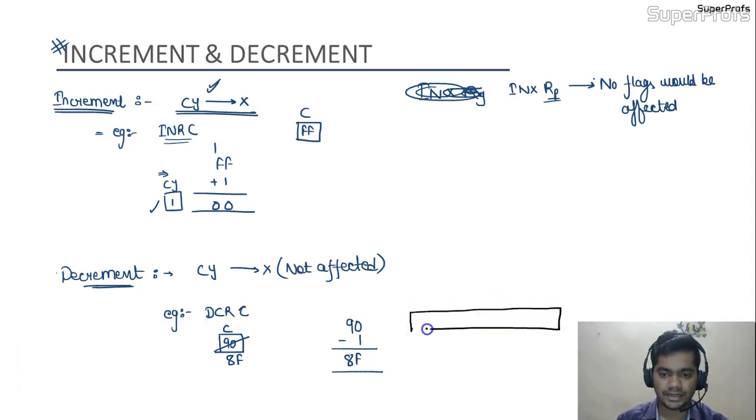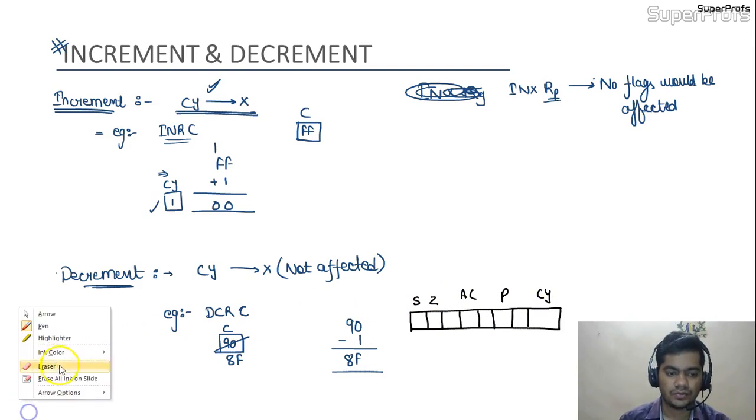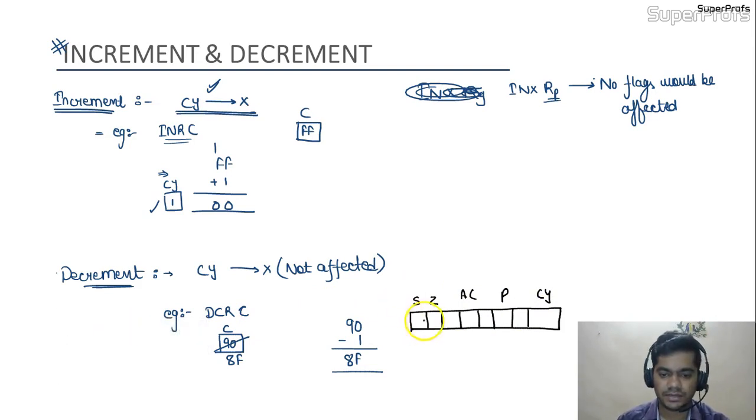So you can first draw the sign flag, zero flag, auxiliary carry, parity, and then the carry bit. So what would be the bits? It would be 0, as the output is non-zero, so it would be reset. For parity, you can see that here it would be 1 0 0 0 1 1 1 1.